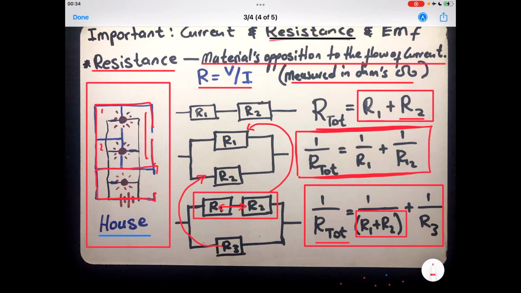It only makes sense to have a parallel connection so that when you switch off there, there's the switch, you just want this light bulb to switch off and the rest remain as they are.